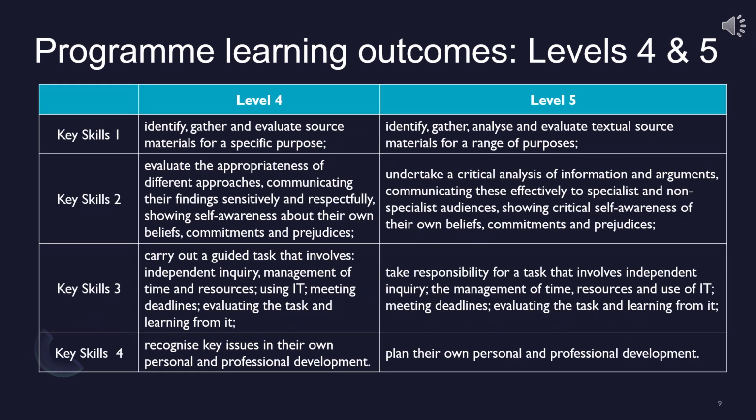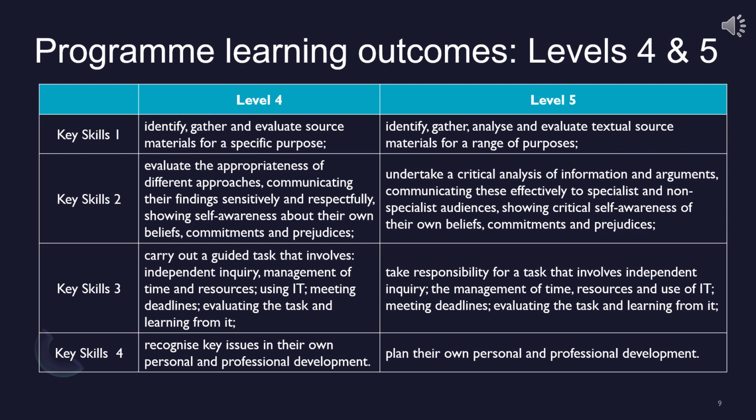Finally, when we come to look at the key skills, you'll see again level 4 and level 5 differ in the focus in level 5 on analysis. In the first row is added to that key skill.